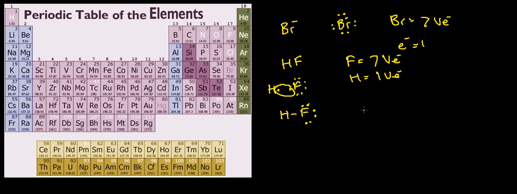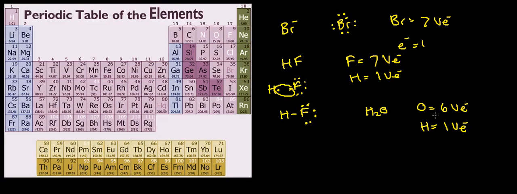Something with some more bonds: water. Oxygen has 6 valence electrons. And there are more than one hydrogen, so it's important to... Some people like to count up the total number of valence electrons.